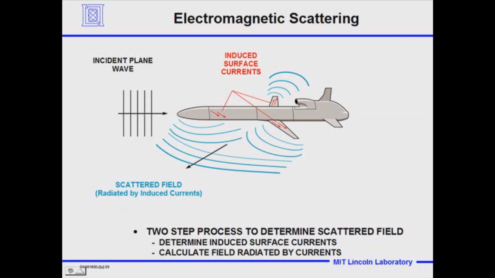And then you remember the definition of the radar cross-section. It's 4 pi r squared, in the limit of long distances, the scattered electric field squared over the incident electric field squared. Okay, and so in order to get the RCS, the sigma, the cross-section, you've got to know the currents everywhere, and then from those currents, you have to satisfy Maxwell's equations everywhere at the same time.